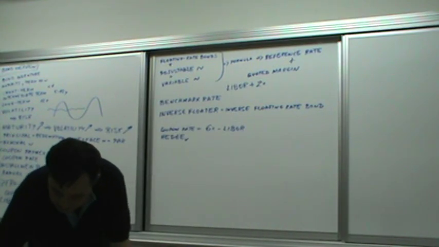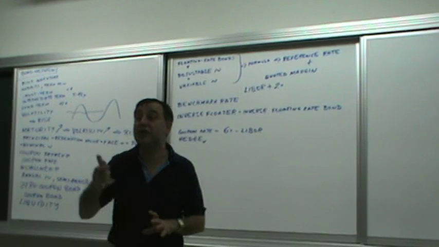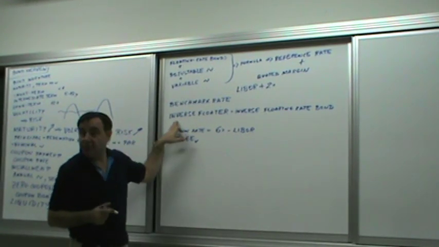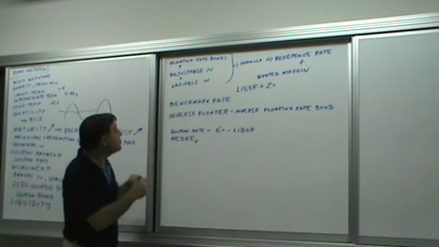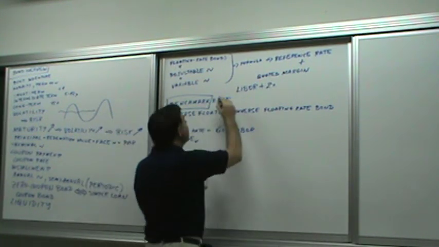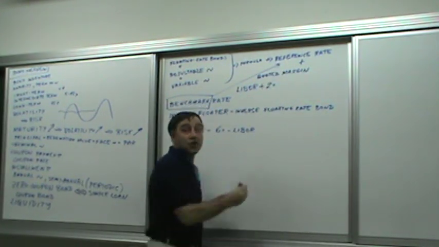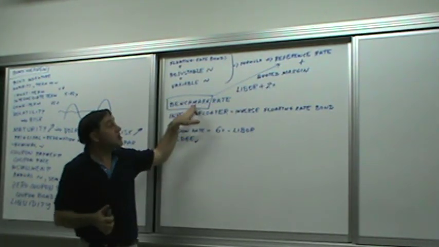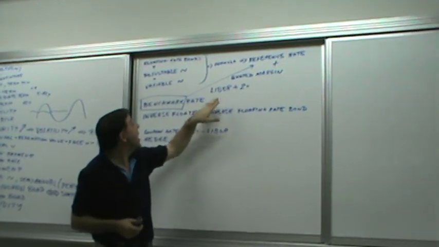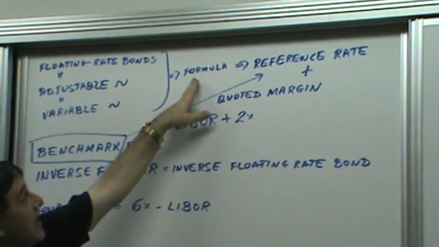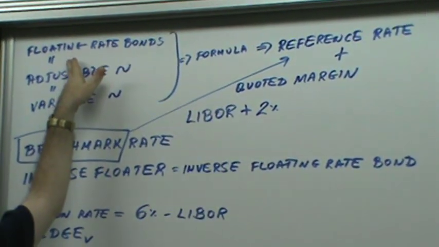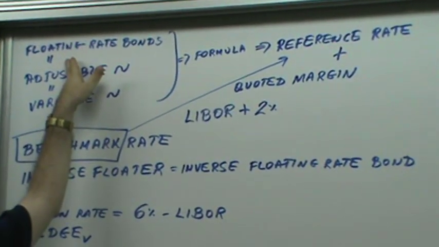Reference, okay. Yeah, question? Explain benchmark rate. Benchmark is exactly the same as reference. This is the interest rate which is used in the formula to calculate the floating rate.